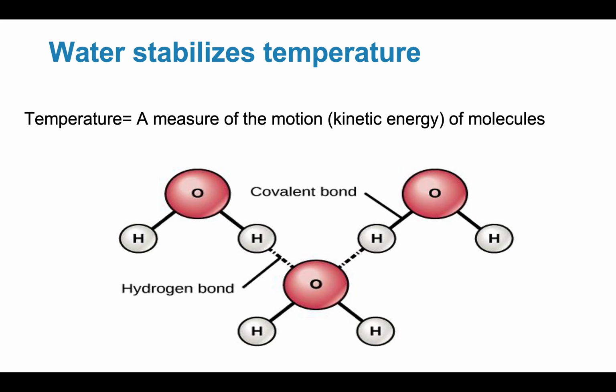Now, again, if you compare water and another liquid such as alcohol, in which there's not as much hydrogen bonding, you're going to need a lot more heat to increase the temperature of water by 1 degree as compared to something like alcohol. So water has a high heat capacity. It takes a lot more heat in order to raise its temperature.